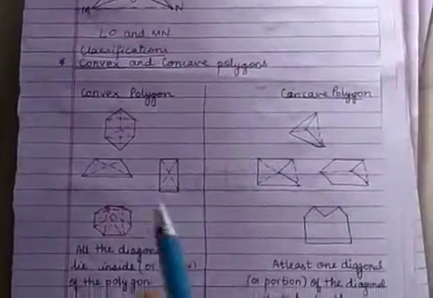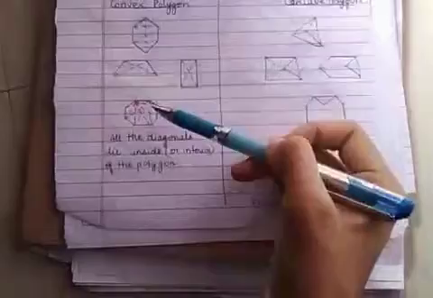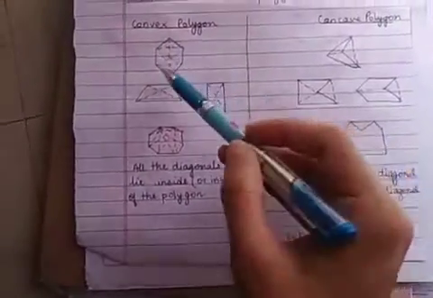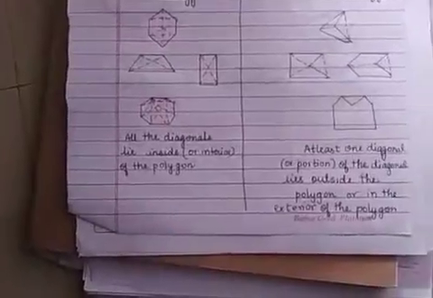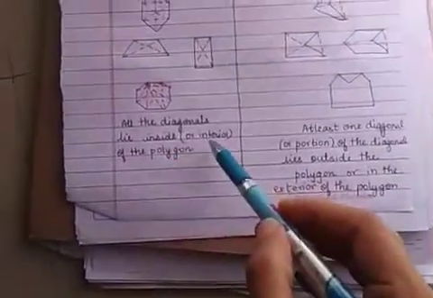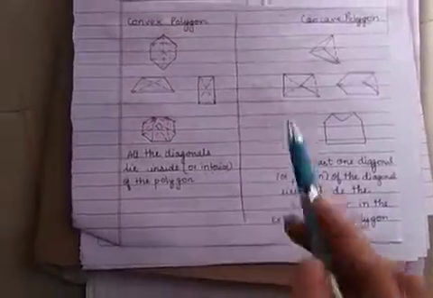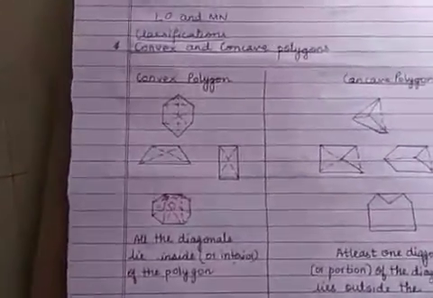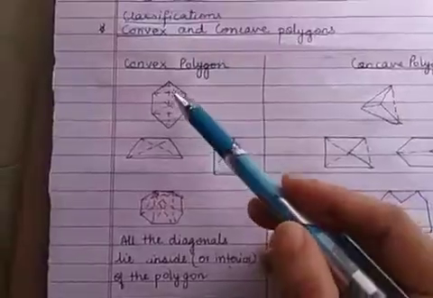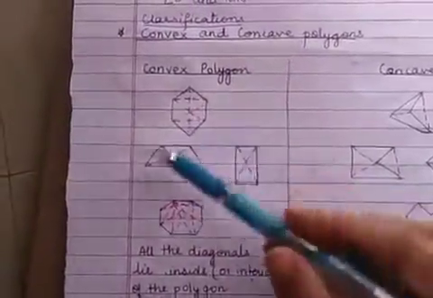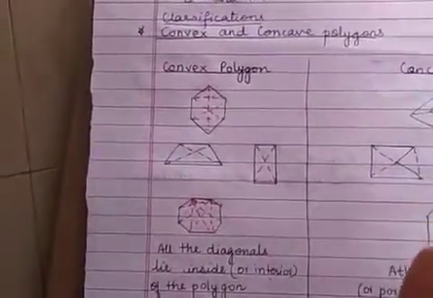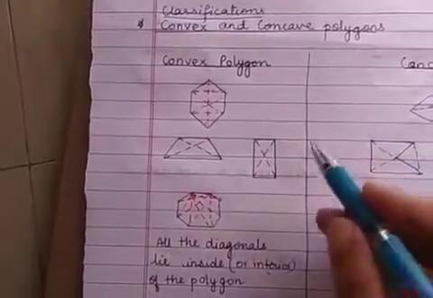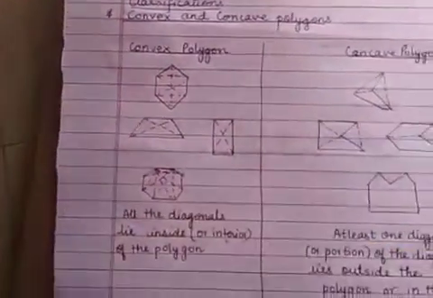So what is a convex polygon? If all the diagonals lie in the interior, meaning inside the polygon, then the polygon is called a convex polygon. You can see in all the figures here, the diagonals are inside the polygon, so it is a convex polygon.